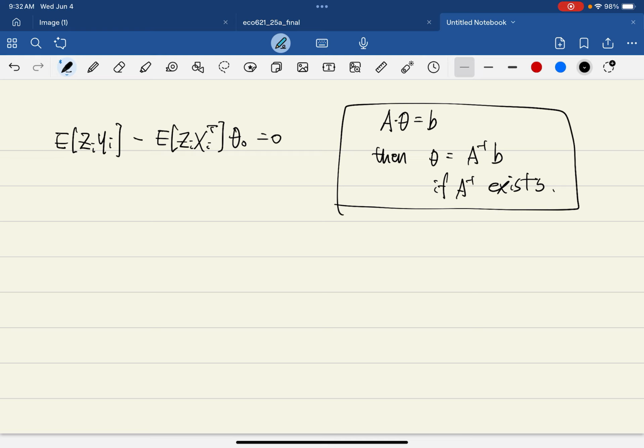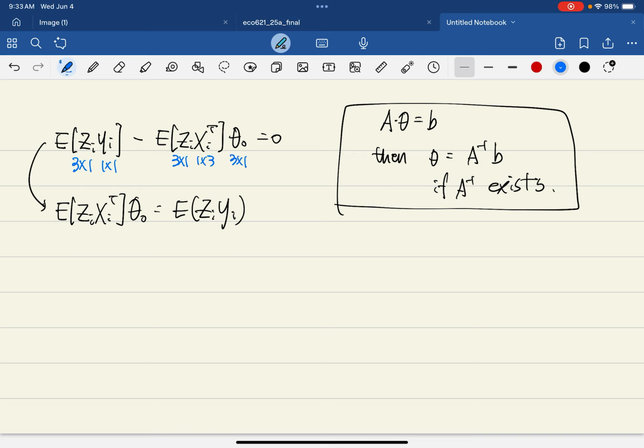And then in this format, we can rewrite this as this. Here, let's check the dimension. Z is 3 by 1 and y is 1 by 1. Z is 3 by 1, x transposed is 1 by 3, and theta is 3 by 1.